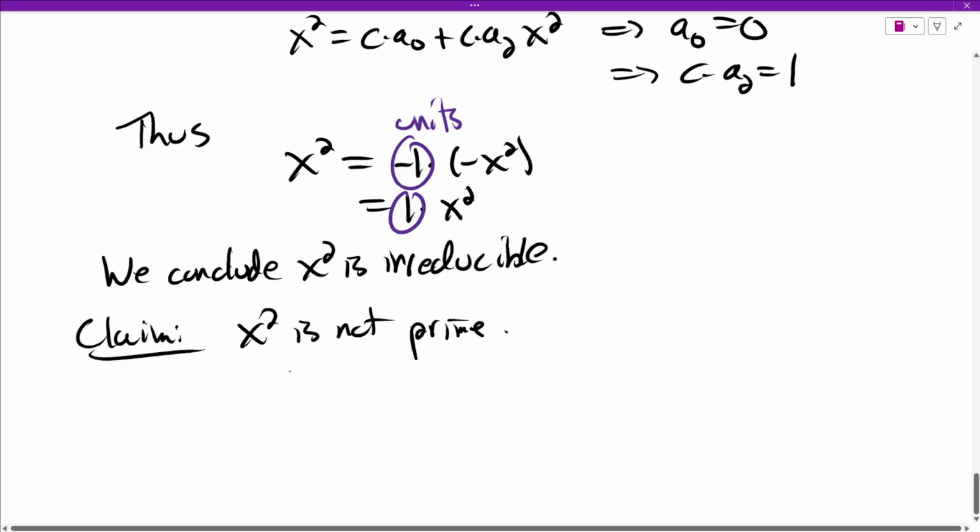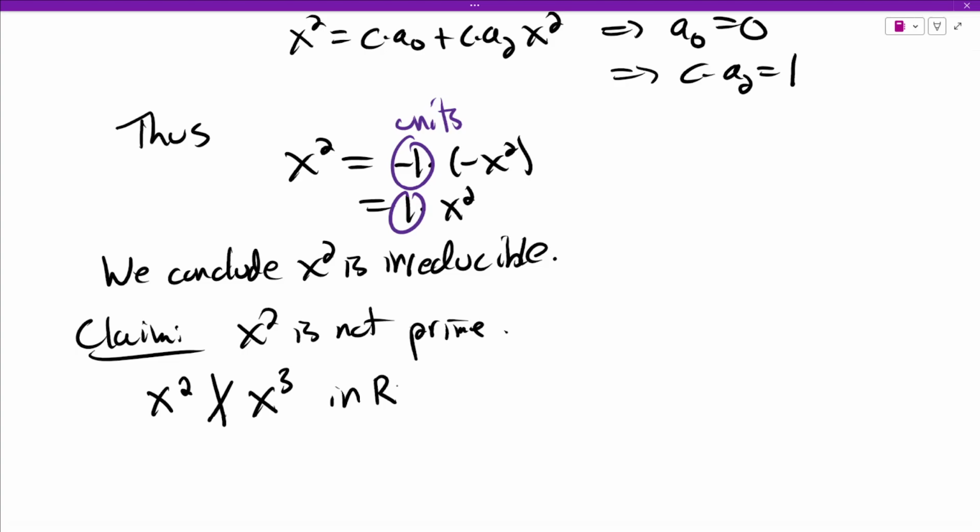And the observation here is that x squared does not divide x cubed in R. It certainly divides x cubed in all of Z adjoint x, but we don't have all of Z adjoint x.